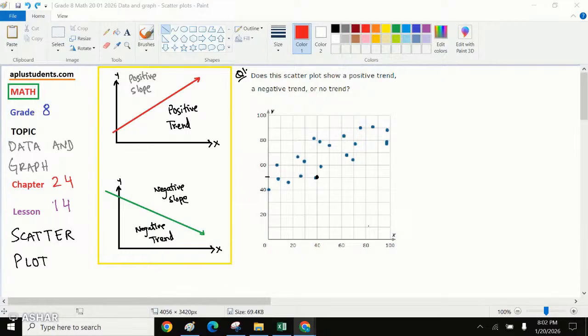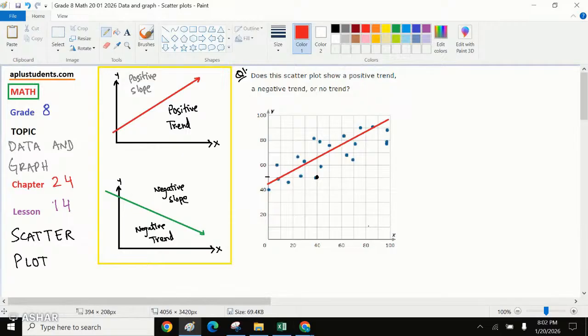So what we can do over here is, if I say this was the line, sorry, I'll draw it again. Why can I not draw? Okay, if I say this was a line over here, it's a supposed line. It doesn't have to be very accurate. Every student can have a different line in scatter plots.